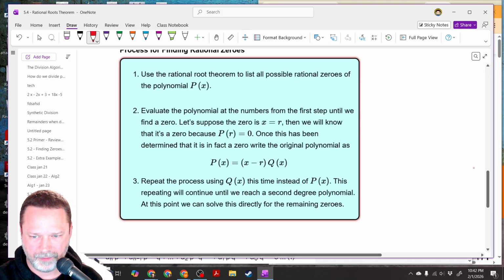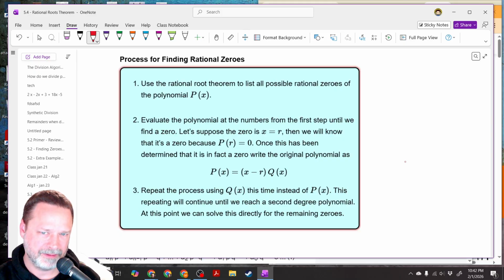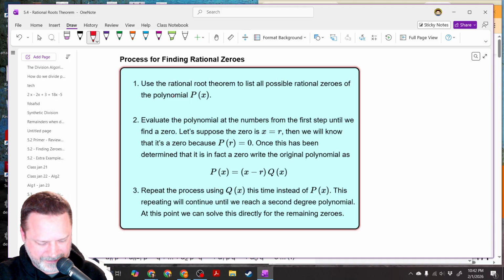Now we've gone over it. Let's go ahead and talk about what our process for finding these will be, and then we shall find some. We'll go through one example, and then we'll maybe do another one. So what's the process? Use the rational root theorem to list all possible rational roots. And then what?